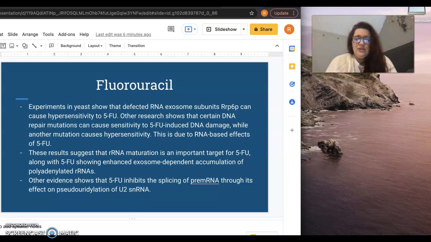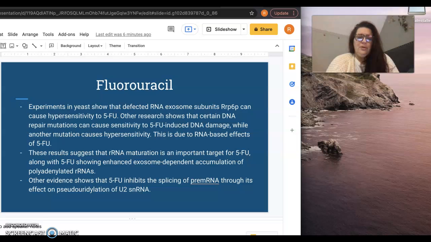These results suggest that ribosomal RNA maturation is an important target for 5-FU, along with 5-FU showing enhanced exosome-dependent accumulation of polyadenylated ribosomal RNAs.